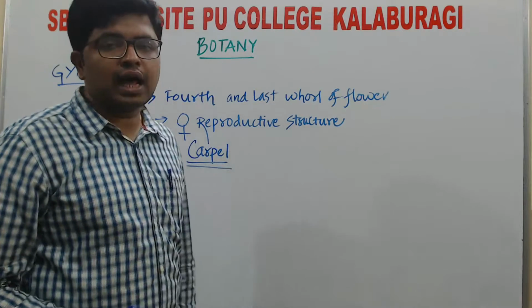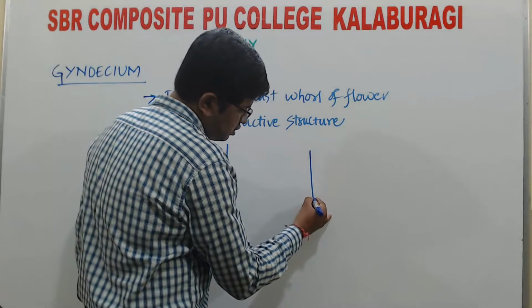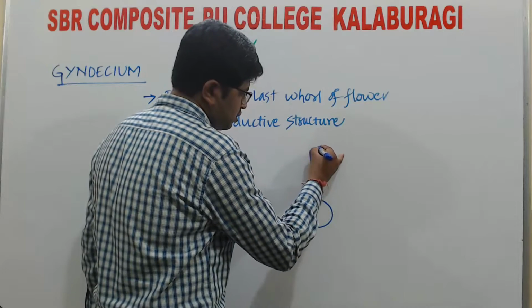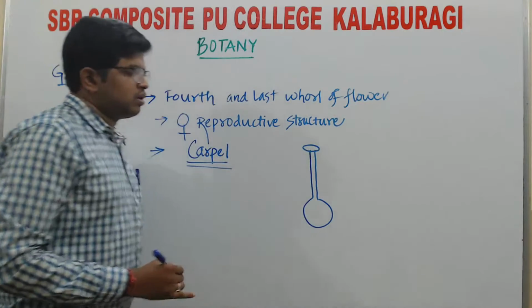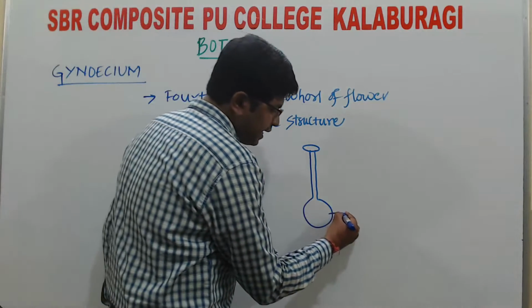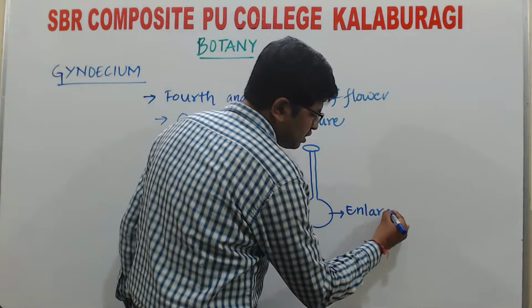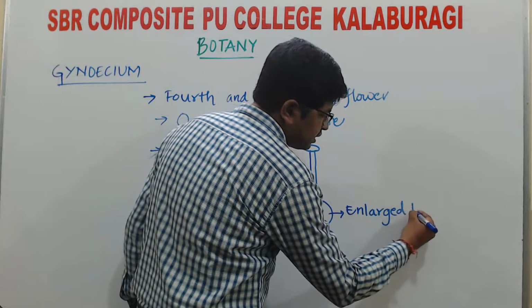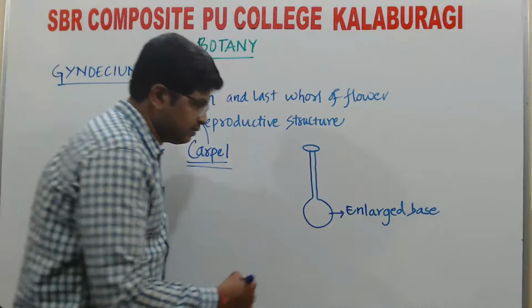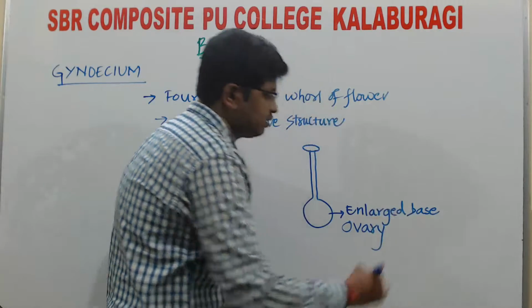Now, how does the carpel look like? If you see the structure, this is the carpel. You have the enlarged base, which we call the ovary.